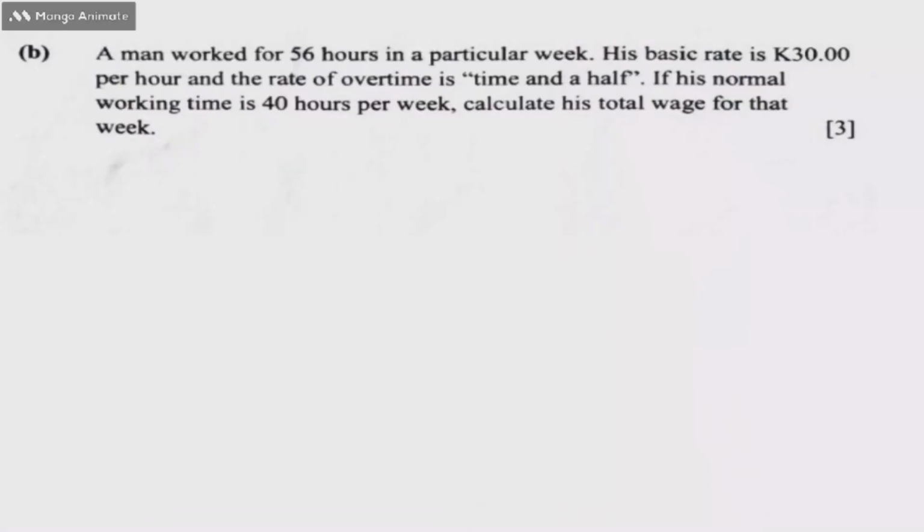Question 8b was as follows. A man worked for 56 hours in a particular week. His basic rate is 30 kwacha per hour and the rate of overtime is time and a half.